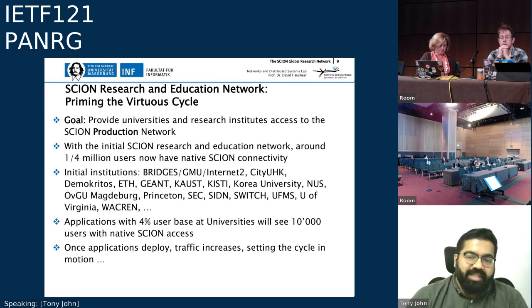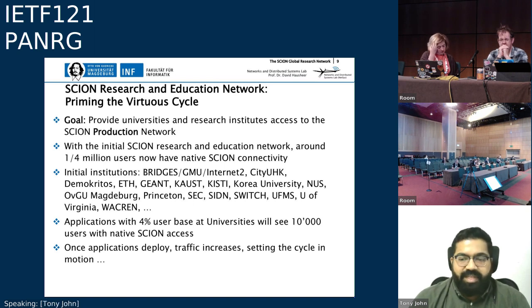We believe that if applications reach only 4% of the user base at these institutions, then we would already have around 10,000 users. And we believe that this can be a critical mass to be interesting to app developers to support SCION or adopt SCION into their applications. And once these applications are deployed, the traffic increases, setting this virtuous cycle into motion.